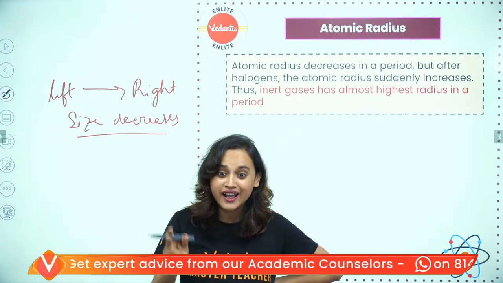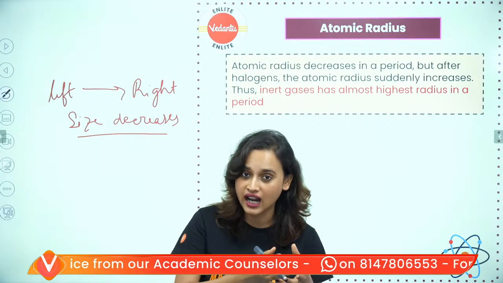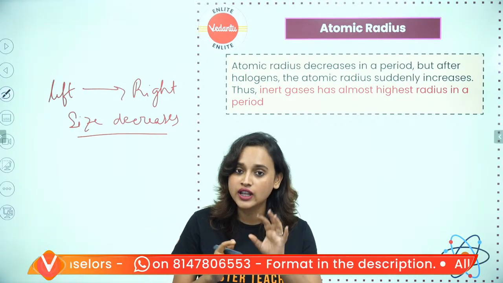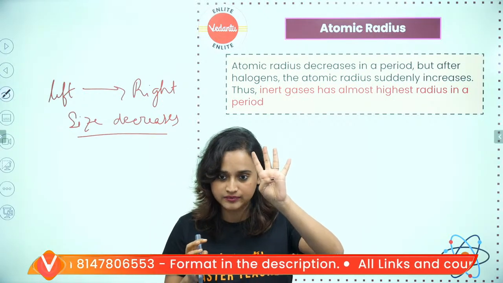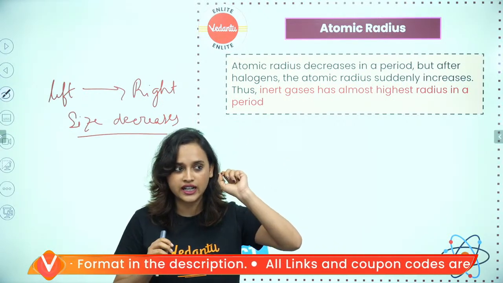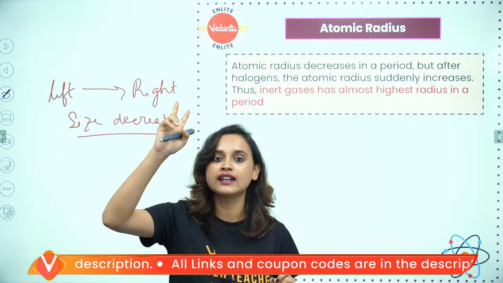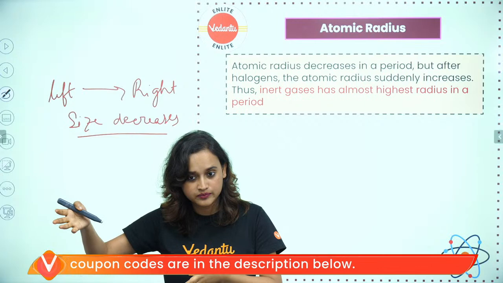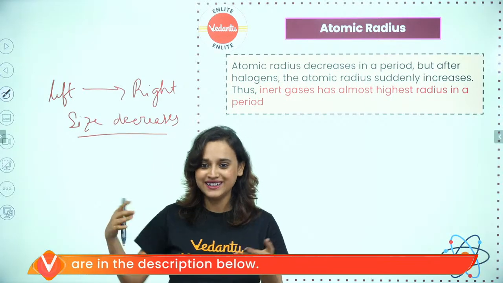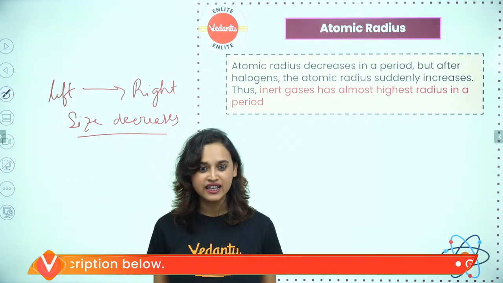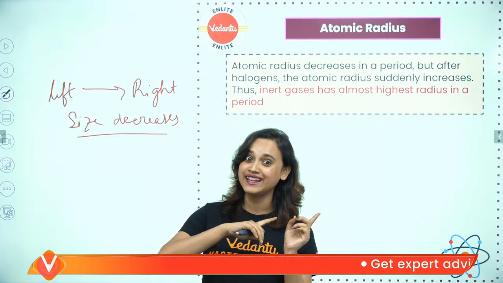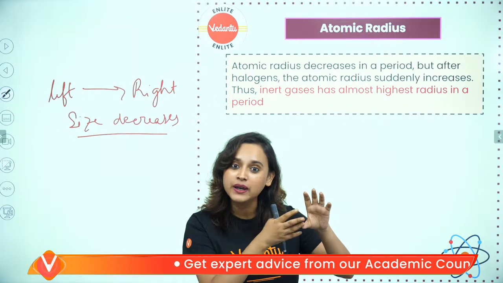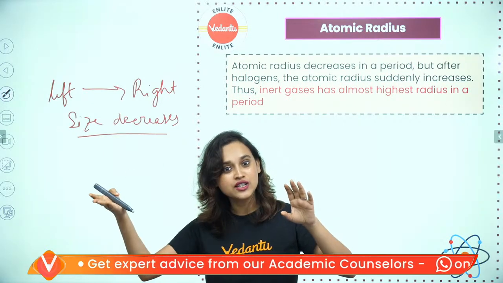Well, if you remember the trends class in the last session, there are 4 types of atomic radius: covalent, ionic, metallic, and van der Waal. We also read that the van der Waal radius is actually the biggest, and the covalent was the smallest.